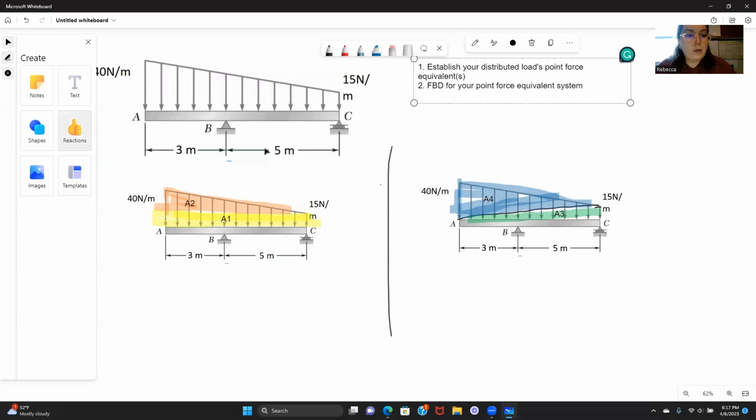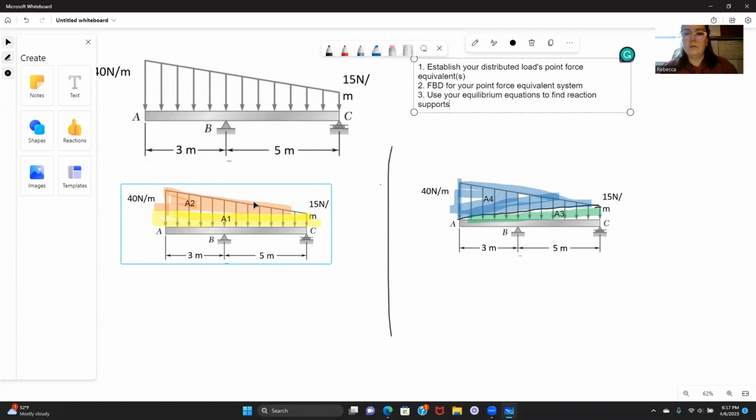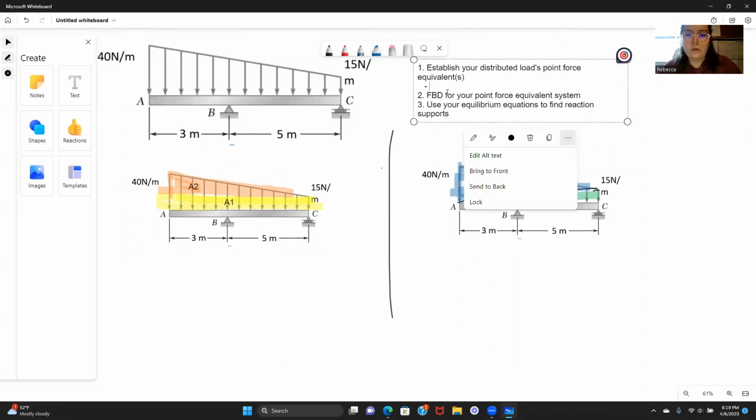Then we can go in with our standard equilibrium equations. You're going to have some substeps, so we'll call it 1.1.